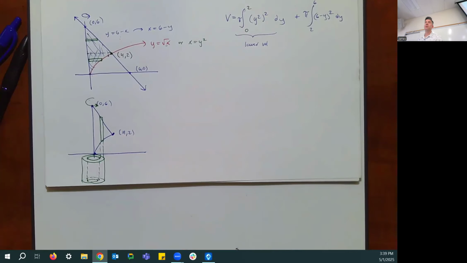So you get a little cylindrical shell, right? The shell of a cylinder. Not the whole cylinder, just a bit of it.